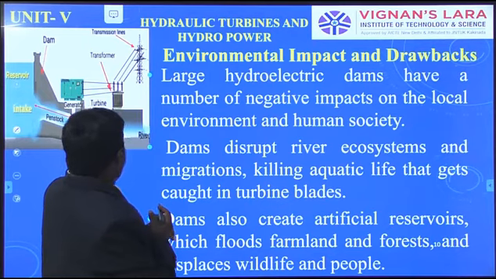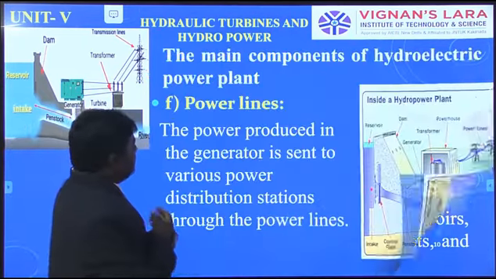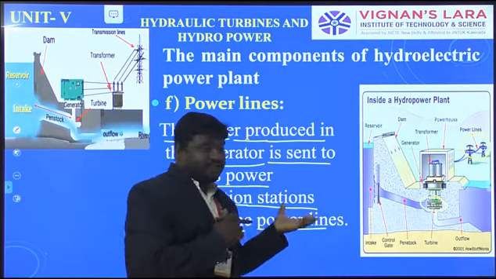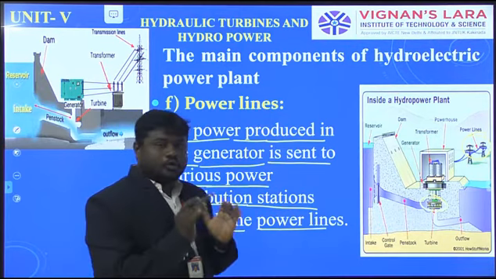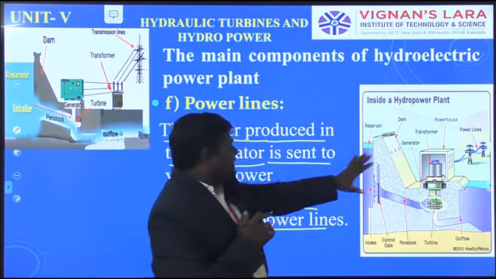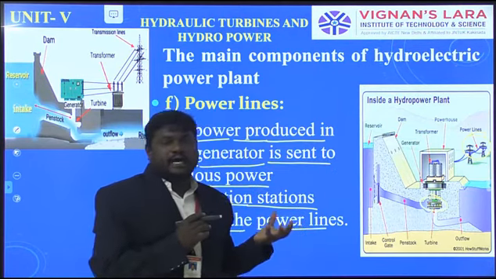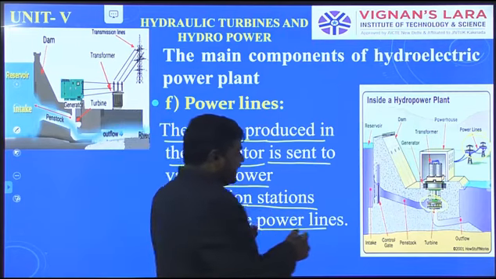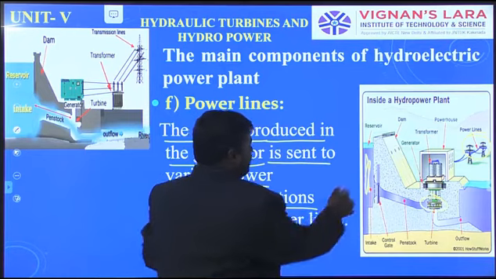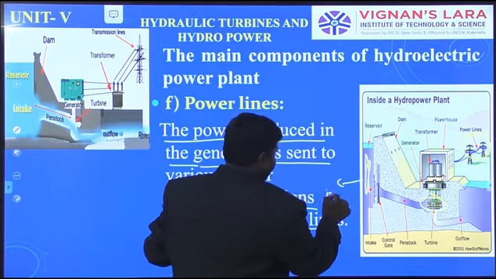Once again, the main function of the reservoir is to store the water. The dam is also there to store the water levels. And then the intake, where the water enters.